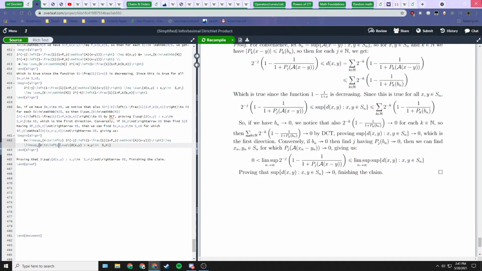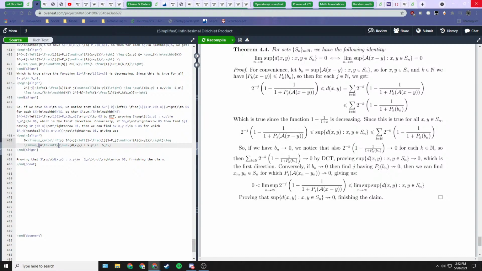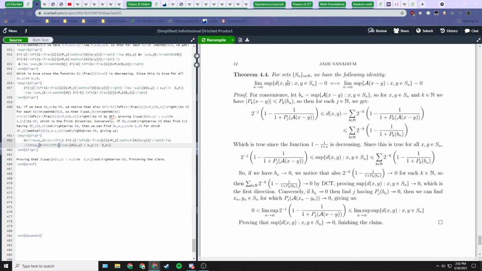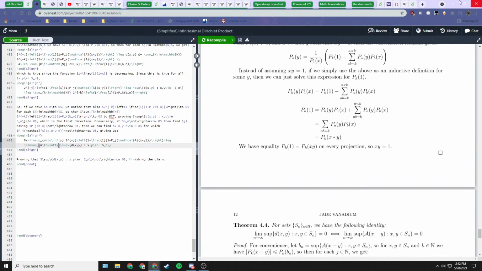So once we have both of these, this is something that has a positive limit supremum, which is a lower bound to this limit supremum. So this one has to be positive as well, which proves that this supremum does not tend to 0, which is the other direction. And so that essentially proves that the diameters with respect to the d function tend to 0 if and only if the diameters with respect to the a function tend to 0. So we don't actually need this metric function, is what this theorem tells us.